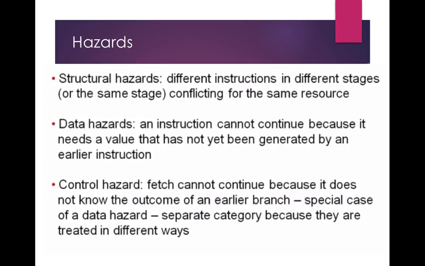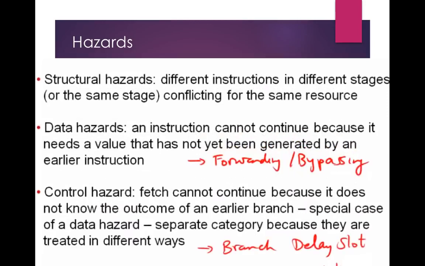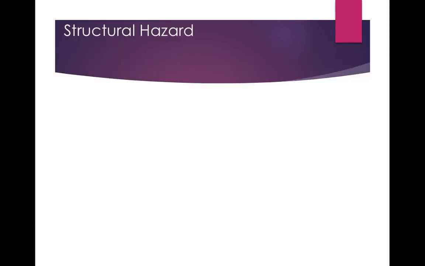These are the types of hazards we are going to see, and how we are going to solve the data hazard by means of forwarding and bypassing, the control hazard by branch delay slot, and the structural hazard again by some other technique. First we will see how the hazard occurs, and then how these hazards can be removed, for better performance in pipelining.